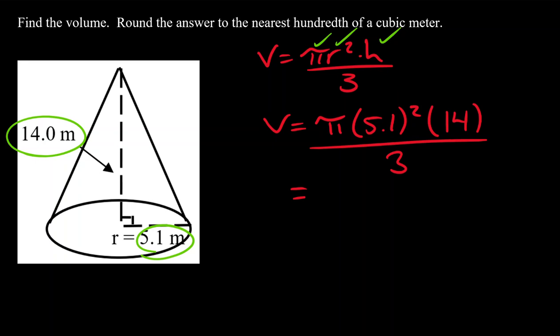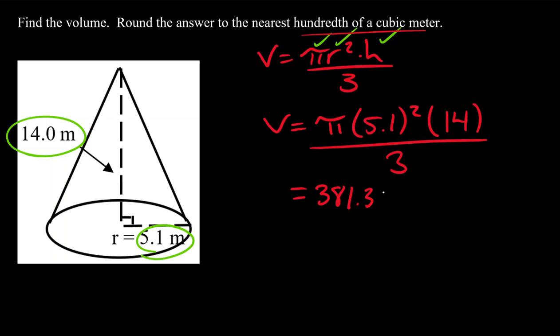If I put this into my calculator, I'm going to get meters squared times meters, which is meters cubed. When I put this into my calculator, I get 381.3 something. It says round to the nearest hundredth, so I should be a little bit more specific.